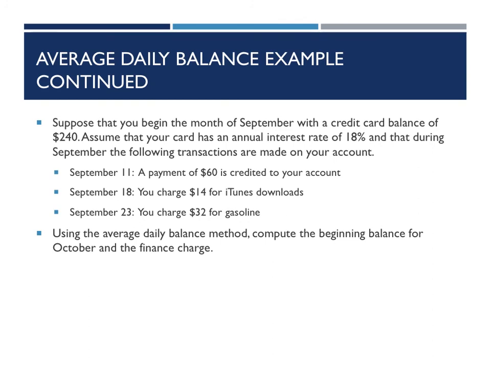So we have to keep in mind the credit card balance of $240, an interest rate of 18%, and those transactions that are made. Okay, so we have September, and just as a reminder, September has 30 days.